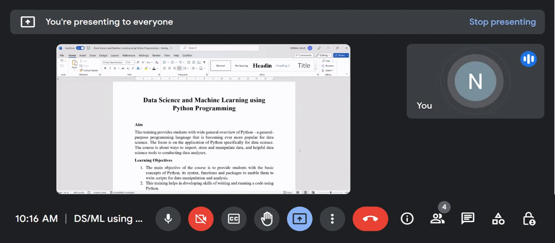Okay. And Python is one of the most popular programming languages for data science, machine learning, deep learning whatsoever. So we are going to focus upon the Python programming language. We are going to learn about the basic elements of Python programming language, and then we are going to focus upon the applications of Python, especially for data science.